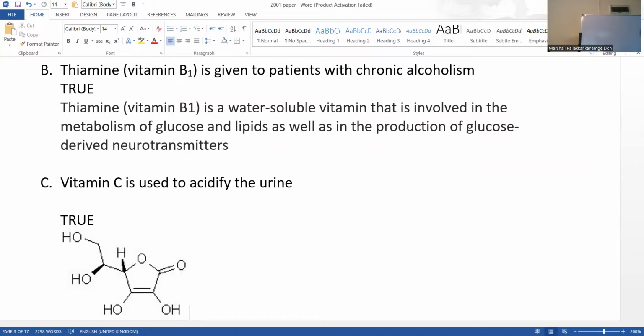It is true. All vitamin B are water soluble. Vitamin C is used to acidify urine. That is also true. This is the vitamin C molecule.